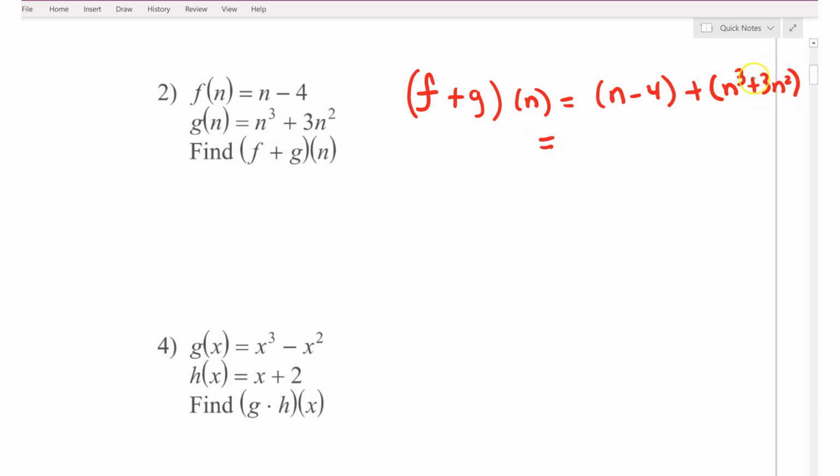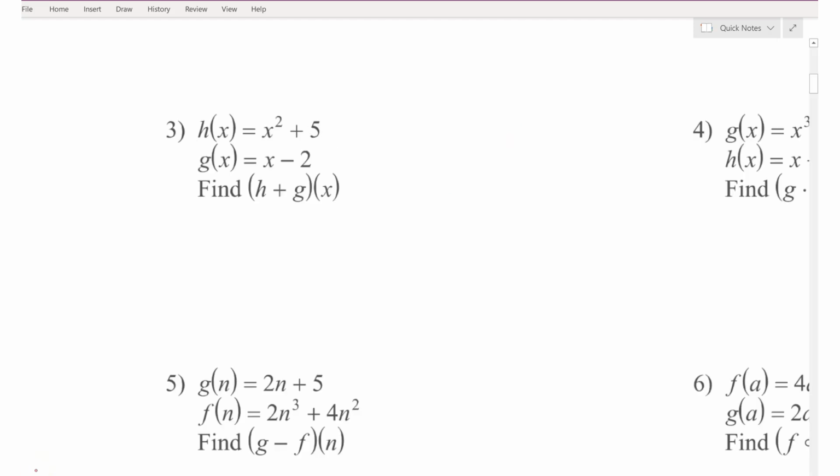That means your exponent is going to be the highest first and then descending. In this case, we have n to the third power. The next one is 3n squared. The next one is n followed by minus 4. So that's what F plus G of n is going to be.